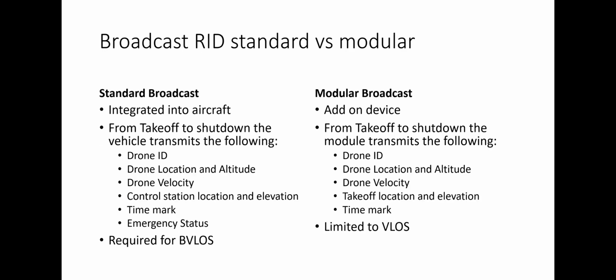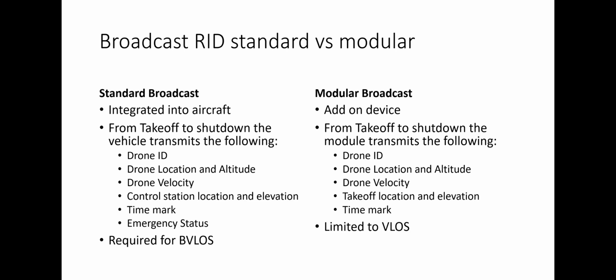There are some differences between standard broadcast and modular broadcast that are important to note. A standard broadcast system is integrated into the aircraft. From takeoff to shutdown, you must transmit the items enumerated in the slide, and this is a requirement to get BVLOS, which I believe is going to be covered under Part 108, but I'm not exactly sure.